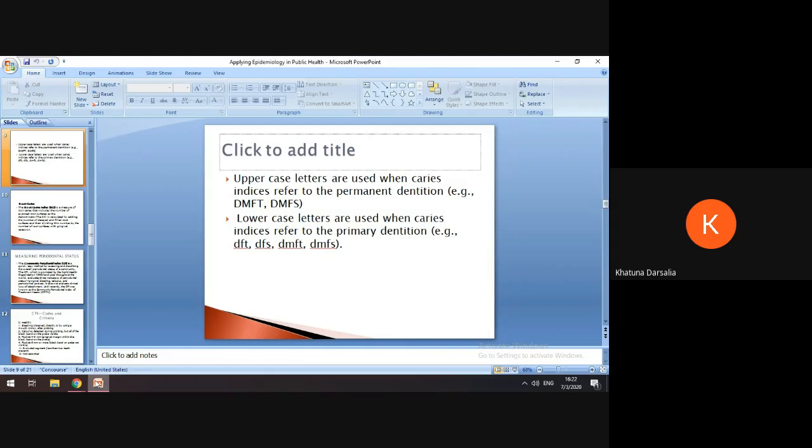Today, the DMFT and DMFS index is generally used in preschool children, and the dft and dfs index is used in children with mixed dentition.